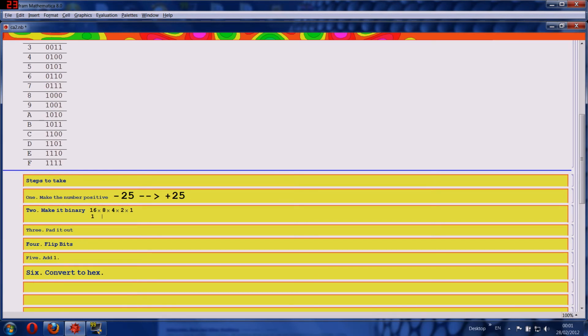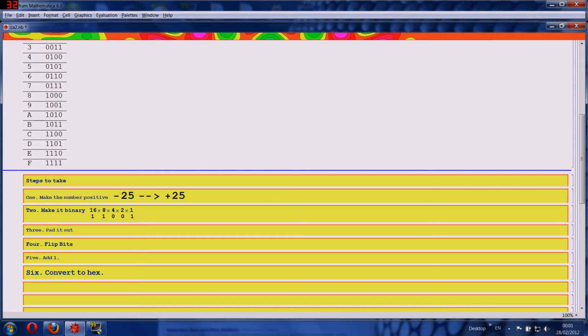If we subtract that, there's 9 left, which means that's a 1 as well. We subtract that, so there's only 1 left, so these are going to be zeros, and that 1 goes there. So we can say that 25 in binary is 11001.